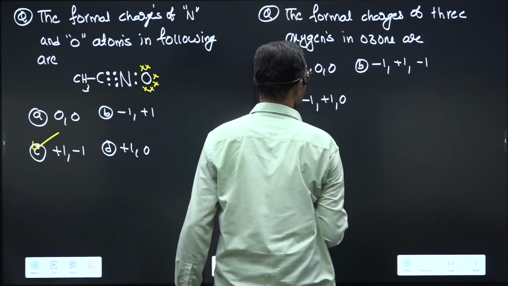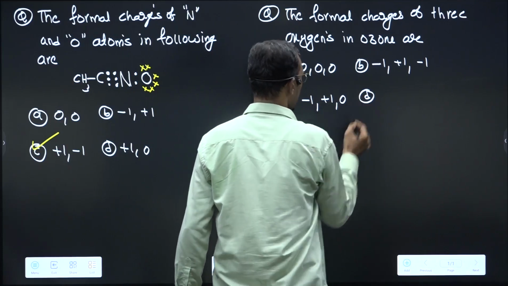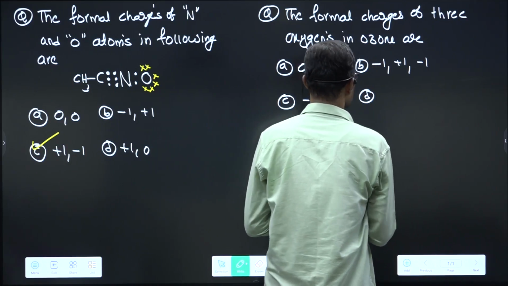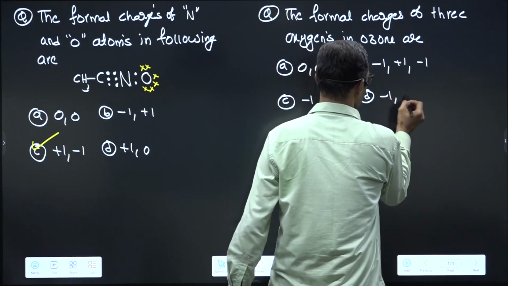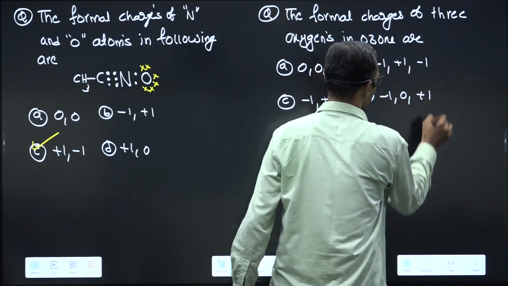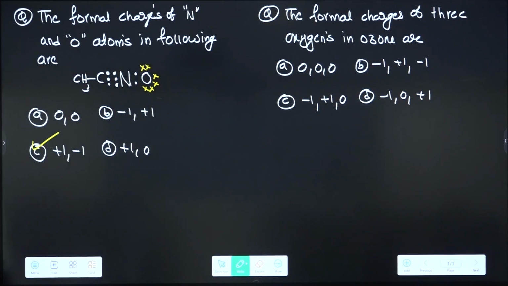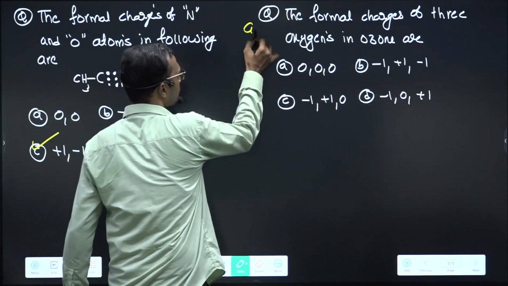Minus 1, plus 1, 0. Minus 1, 0, plus 1. This is a CSIR question. Even in GATE also it was repeated.